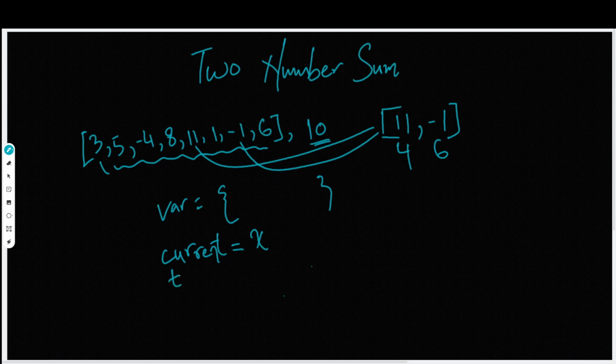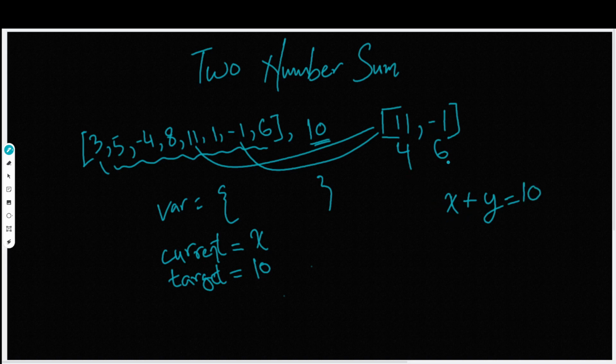The target is the number we have up there, which is 10, and we are going to check what number sums up to the target number. If we break this down into a simple mathematical equation, it would be x plus y equals 10. That feels pretty simple.